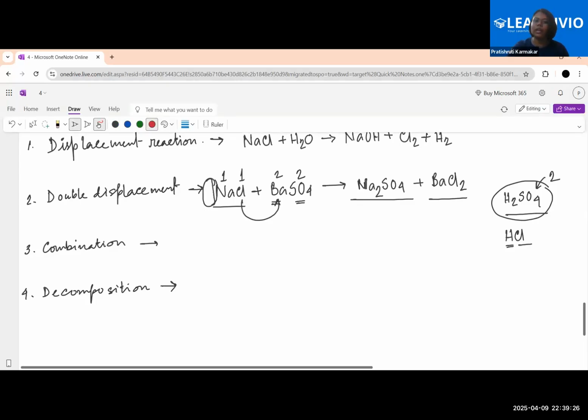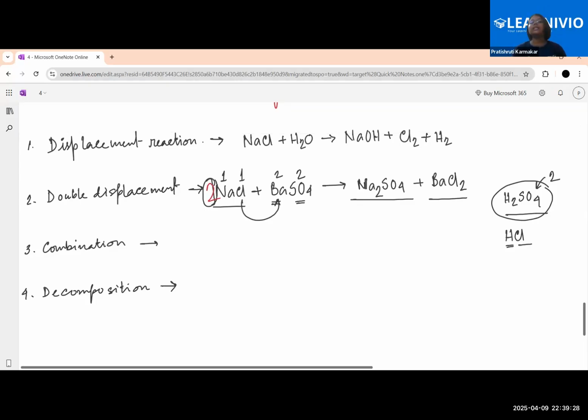If we write 2 NaCl plus BaSO4 gives us Na2SO4 plus BaCl2, you see here we have 2 sodium, 2 chloride, 1 barium, 1 sulfate on both sides. So the reaction is balanced. So this is a double displacement reaction.